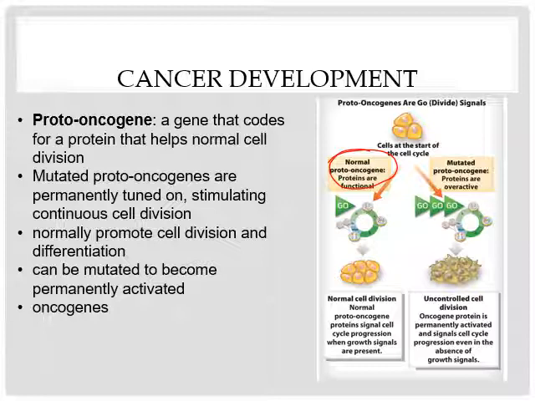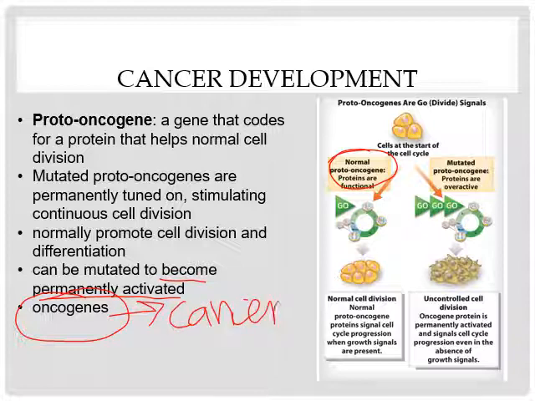The problem is, if they are mutated, what normally happens is they're permanently turned on. So they're just constantly stimulating continuous cell division. Okay. So normally we want them to promote cell division and differentiation, but if they become mutated, they become permanently activated. This is when we call them oncogenes, right? And that is when you have cancer.